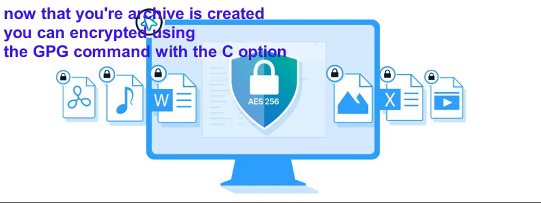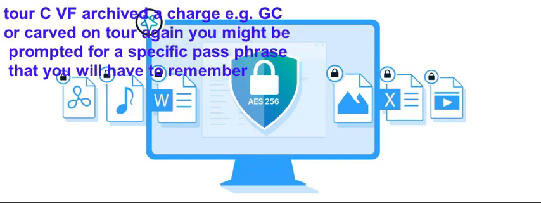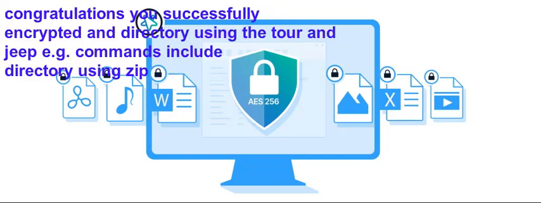Now that your archive is created, you can encrypt it using the GPG command with the -c option. tar cvf archive.tar, gpg -c archive.tar. Again, you might be prompted for a specific passphrase that you will have to remember. Congratulations, you successfully encrypted a directory using the tar and GPG commands.